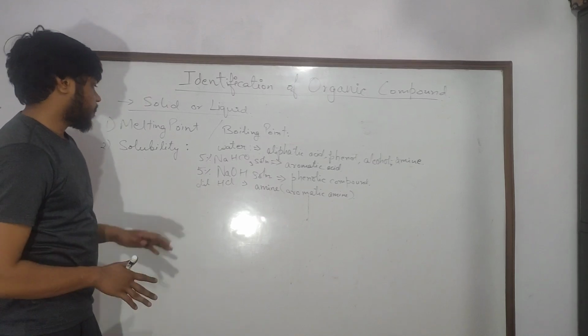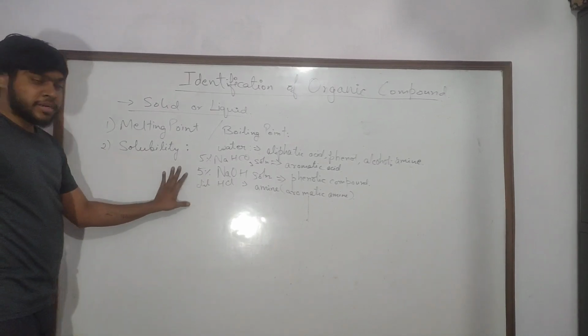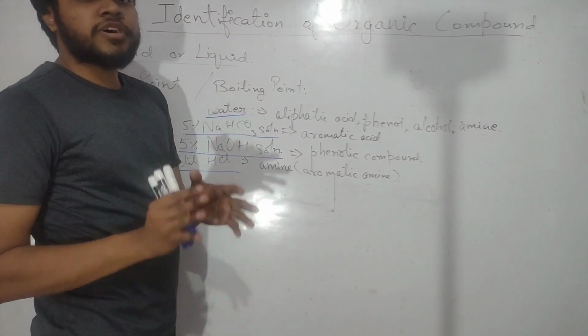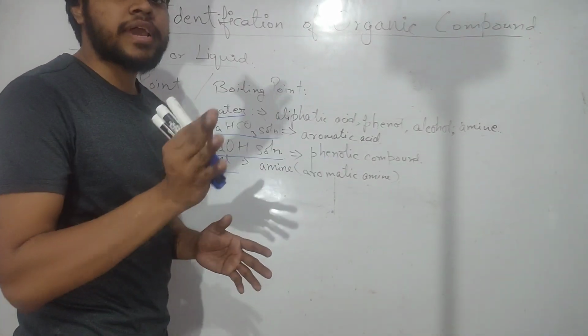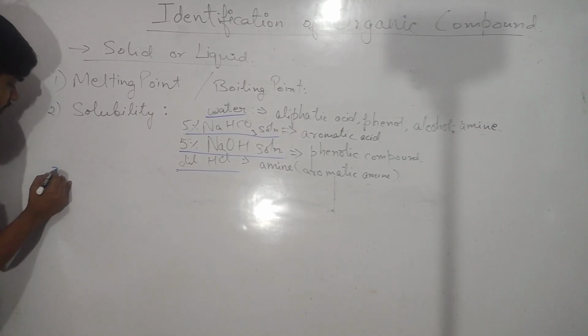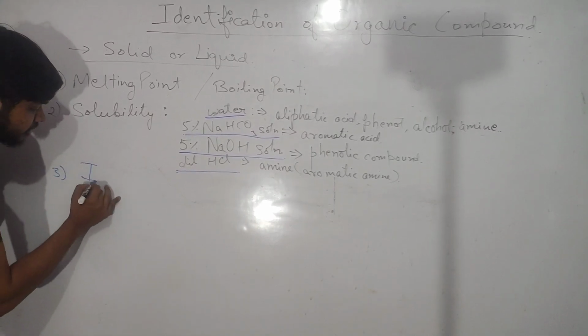Okay. So after we have completed our solubility test, we can predict the nature of the functional group present in our organic compound. The third test is the ignition test.